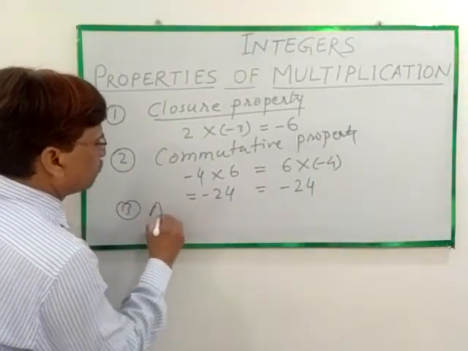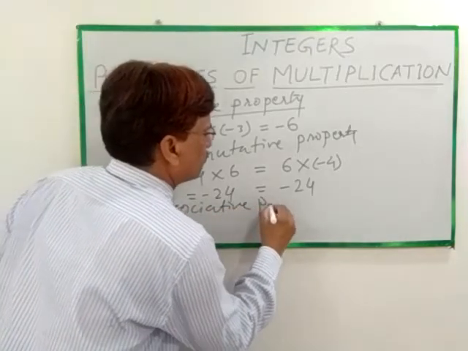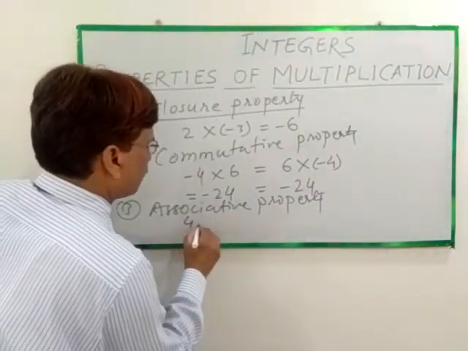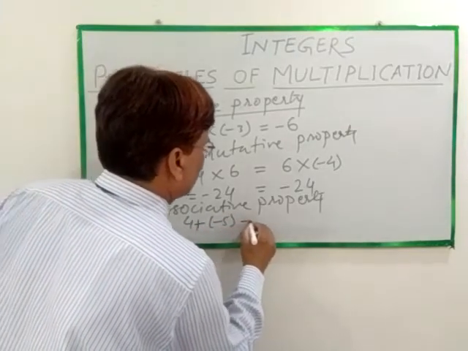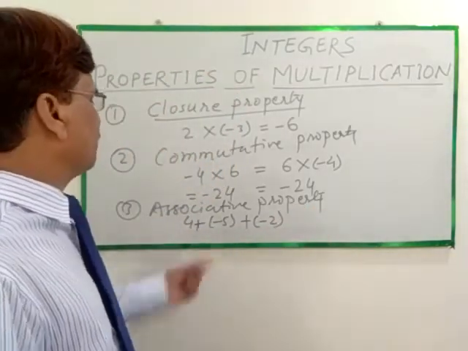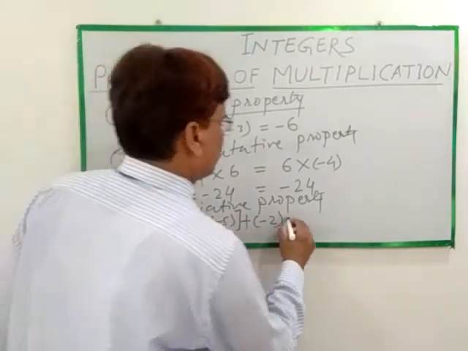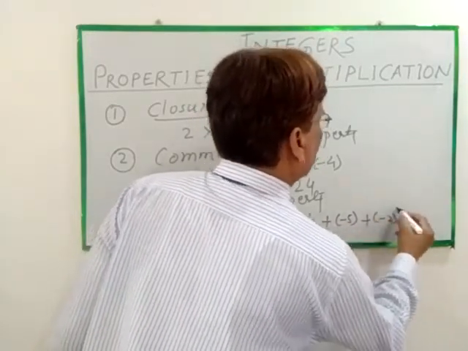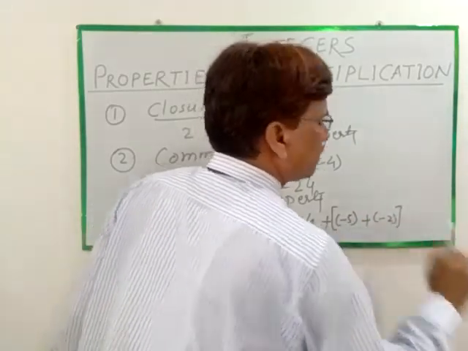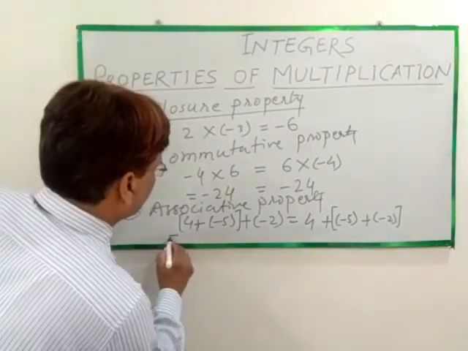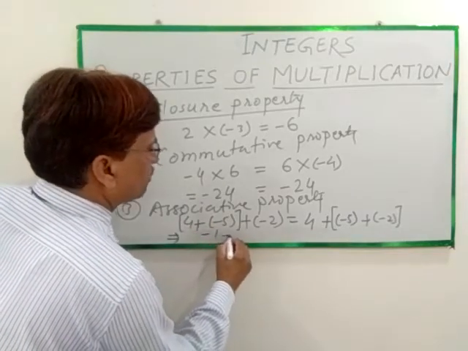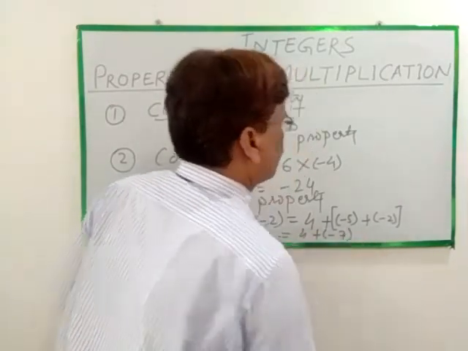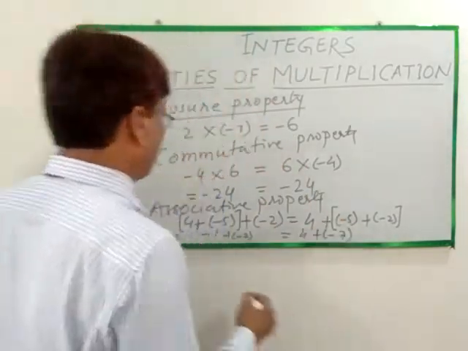Now third, associative property. When we take three numbers together, 4 plus -5 plus -2, we group the first two numbers, and then we write 4 plus -5 plus -2 and group the second and third numbers and solve it. 4 plus -5 is -1, plus -2 is -3. On the other side, -5 plus -2 is -7, because same signs will be added and we use the sign of the greater number.